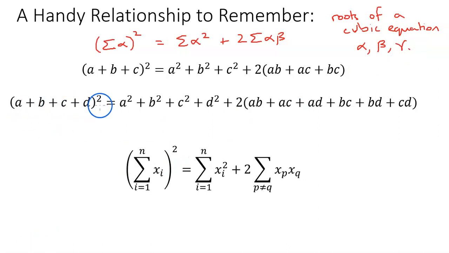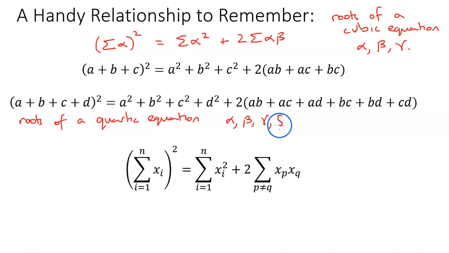On the other hand, if we want to extend this to the case where we have roots of a quartic equation, so that's a polynomial of degree 4 equal to 0, so alpha, beta, gamma, and delta.